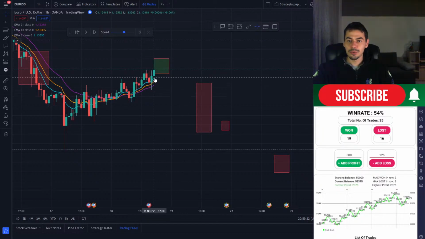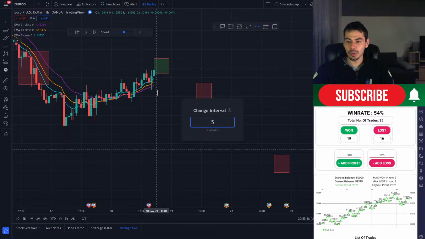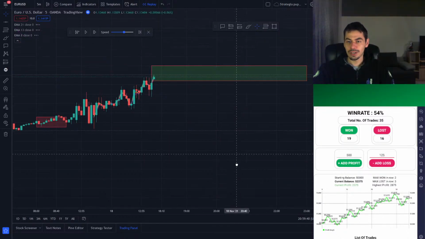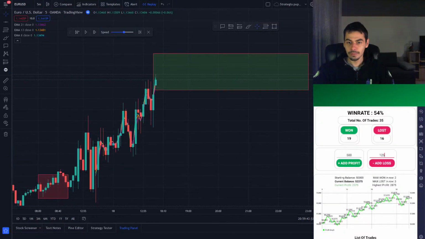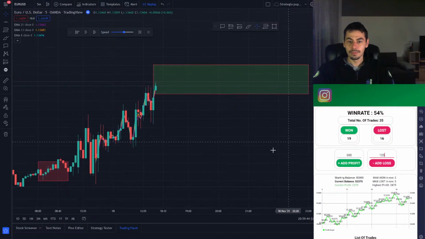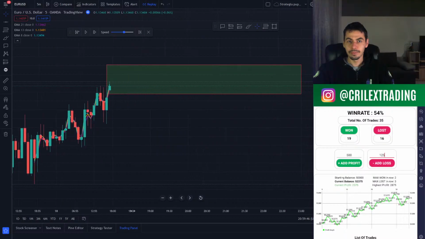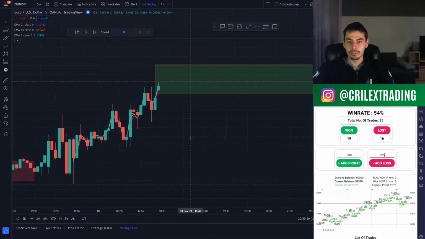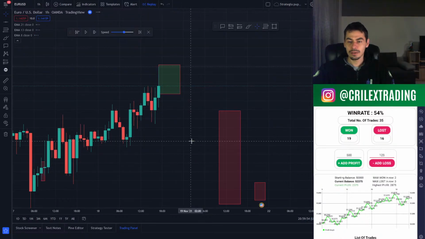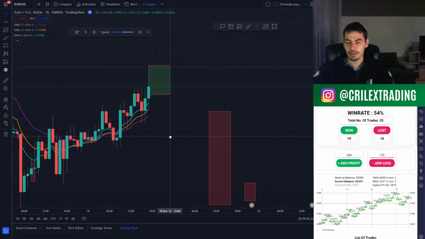Around this bar. As you can see, the bar is still touching the EMA, so starting from this point, we will be looking for entries. Okay.